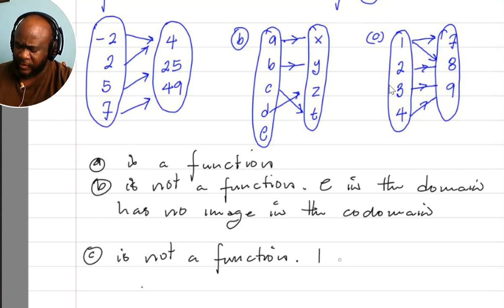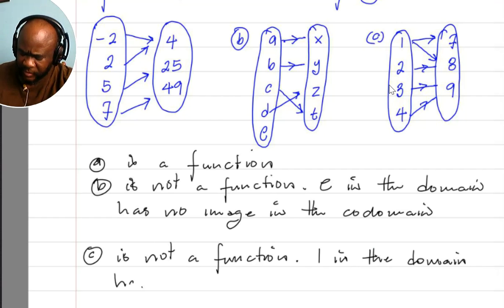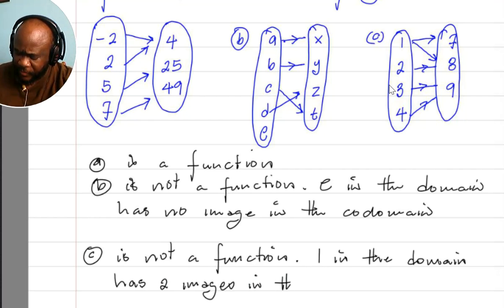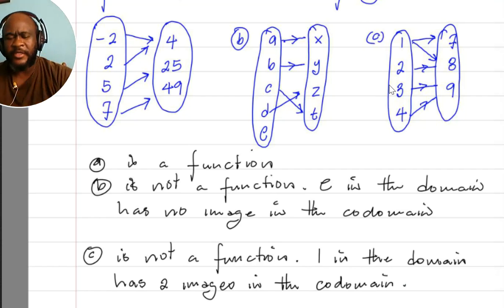So one in the domain has two images in the codomain. Therefore, this disqualifies the relation as a function.